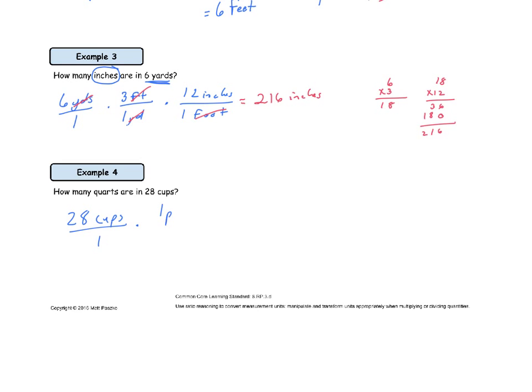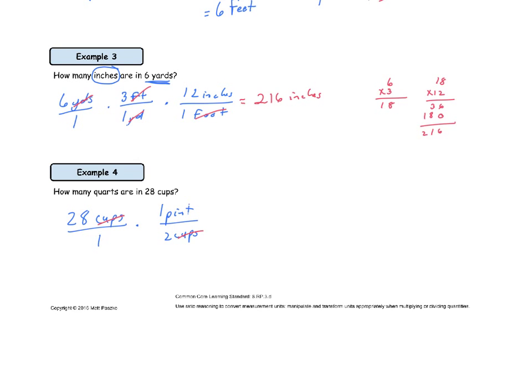I know that 1 pint is equal to 2 cups. And I set this rate up specifically so that pints are on top and cups are in the denominator so that I can cross off my labels of cups and cups. I do know that 28 cups is now equivalent to 28 divided by 2 pints, which is 14.